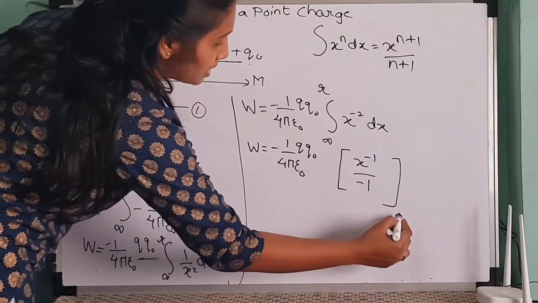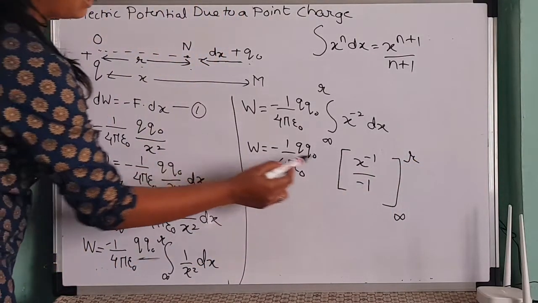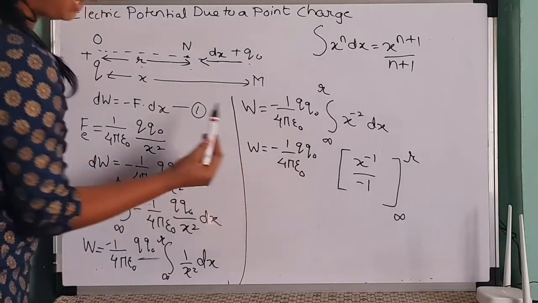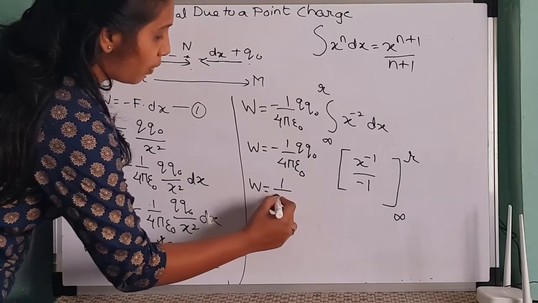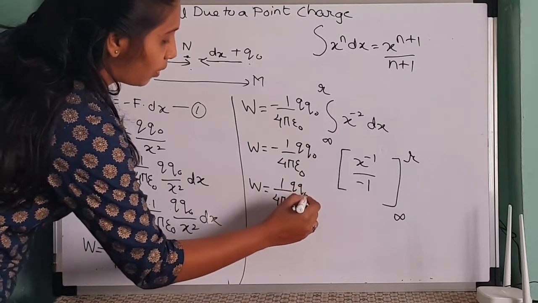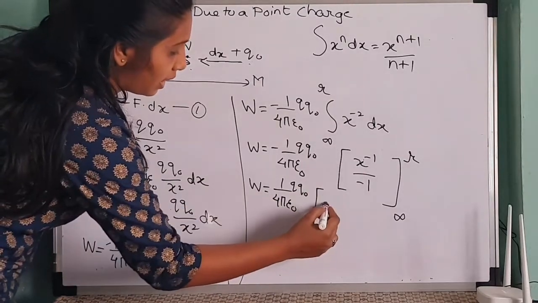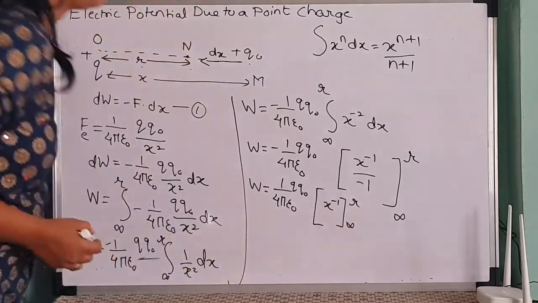Now I need to put in the limits, that is from infinity to r. Now this minus will change into positive, that is minus 1 and this minus sign. So you will have your total work done as 1 upon 4 pi epsilon naught Q into Q naught, this x raised to minus 1 as it is from infinity to r.